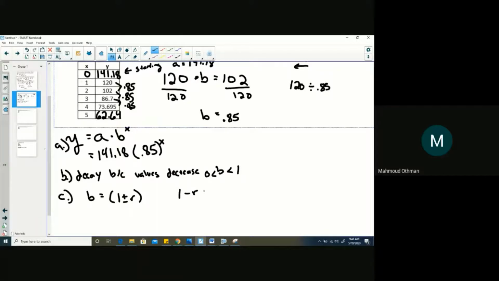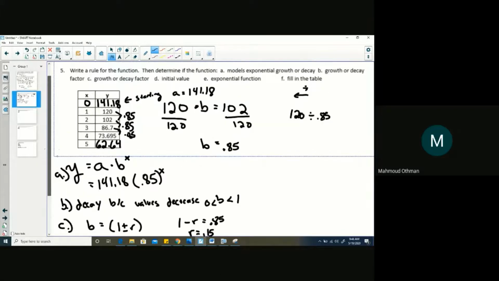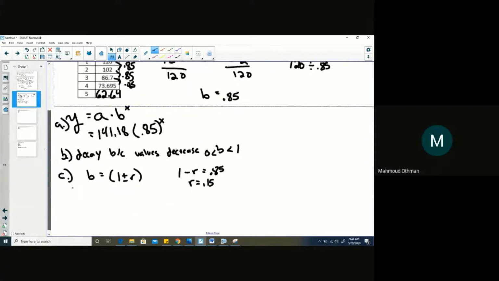So 1 minus r equals 0.85. And if I solve this equation, I'm going to get r equals 0.15 or 3/20.